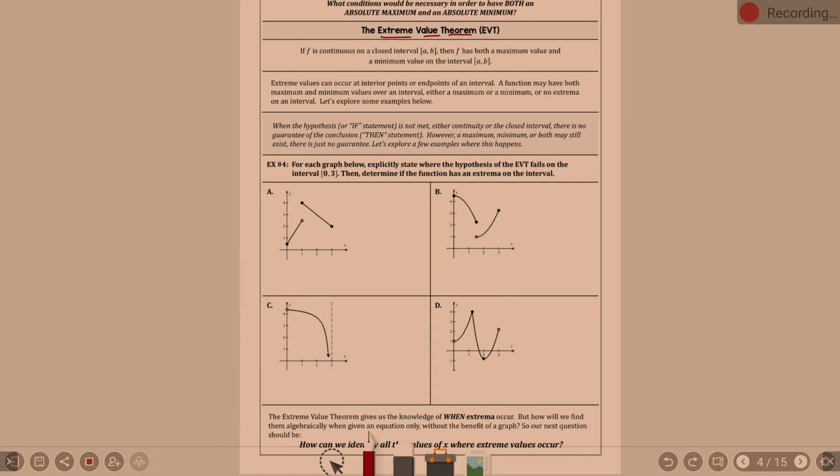It could be, because we're specifically talking about an interval. Extreme values can occur at interior points or endpoints of an interval. A function may have both maximum and minimum values over an interval, or either a maximum or a minimum, or no extrema on an interval, and we're going to explore some options.